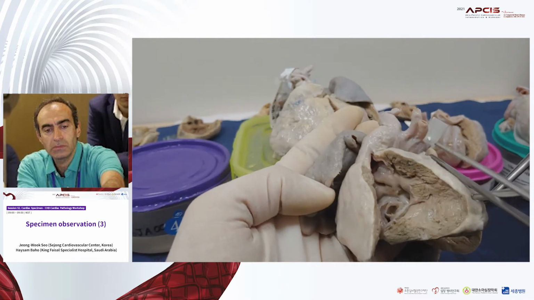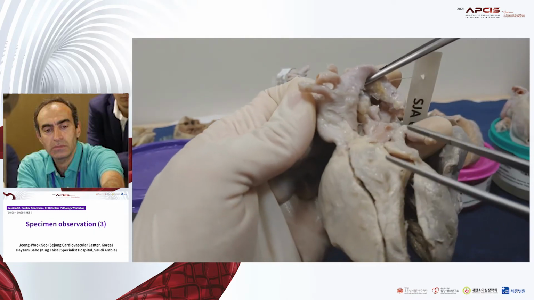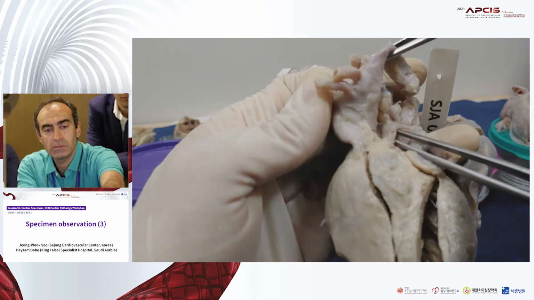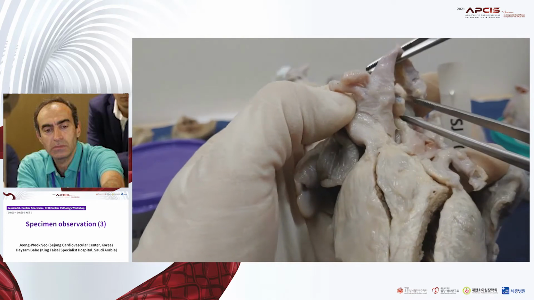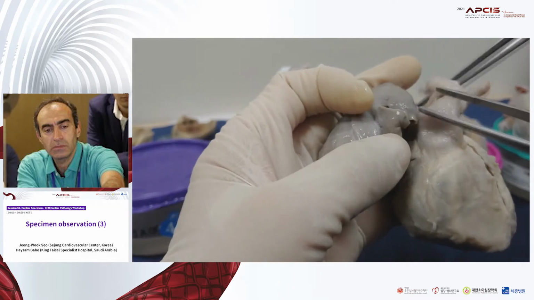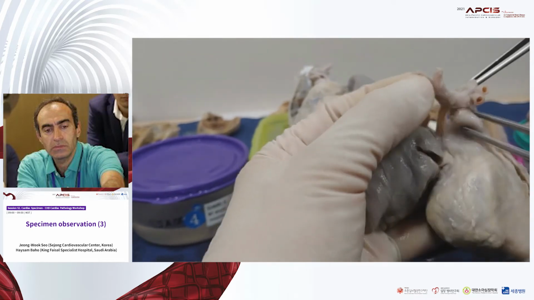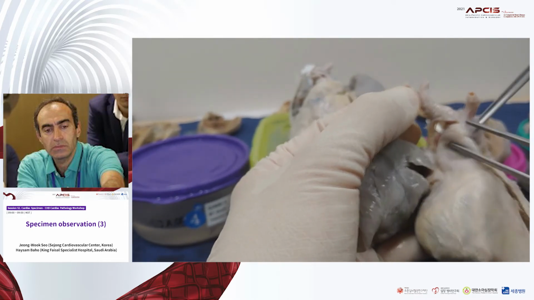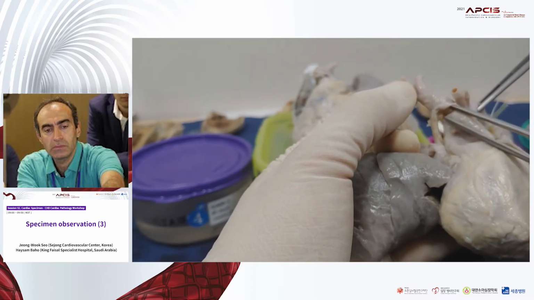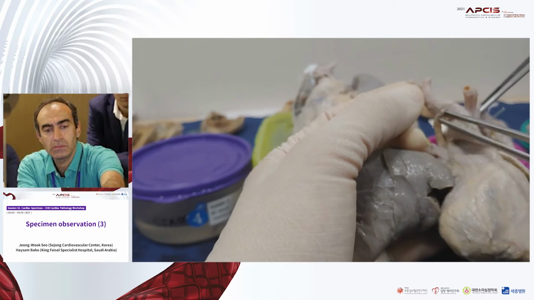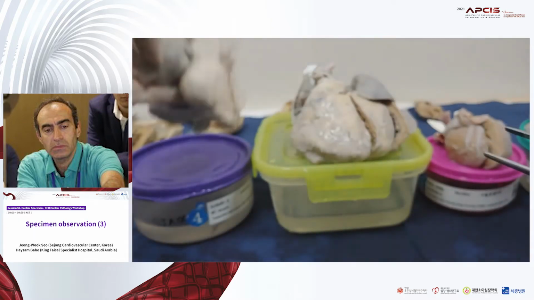Now, some people may call this transposition with pulmonary atresia. That can also be called. Now, the RPA, if we look here, has a somewhat unusual course because it's connected through this Blalock-Taussig shunt that you can see from the right innominate artery to the right pulmonary artery to provide pulmonary flow, which is compromised in this case.